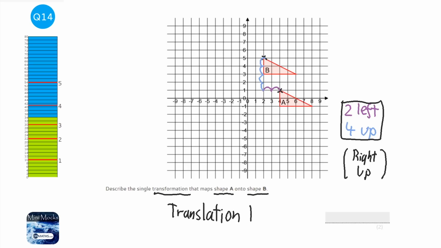So translation by, there's different words you could use there, and the number at the bottom, well, it's gone 4 up, so it's just a 4 there. Now here's a problem. This is how far right it's gone, but it's gone 2 left. Well, we just simply put -2 right. Now be careful, don't ever put a fraction line between the -2 and 4. It's not a fraction, okay? So don't ever put the fraction line in.